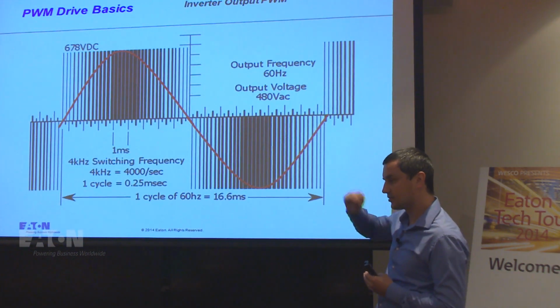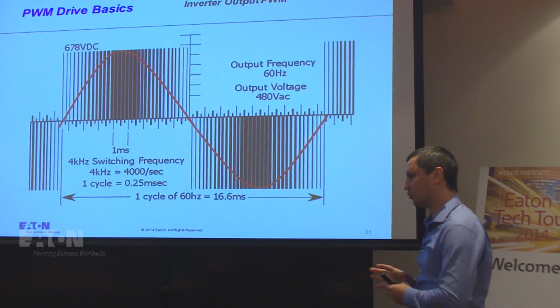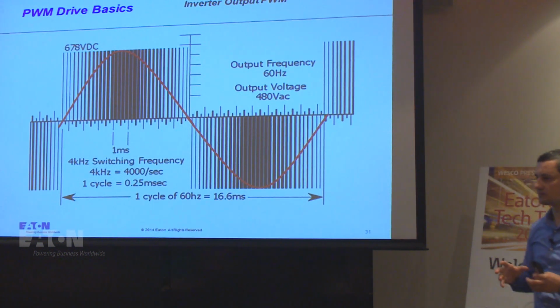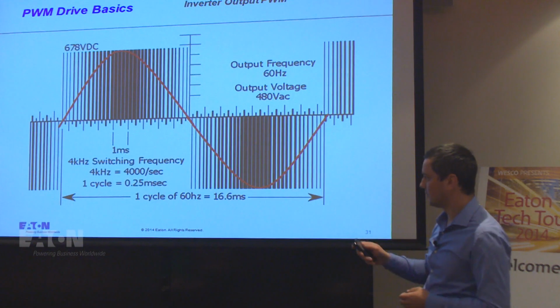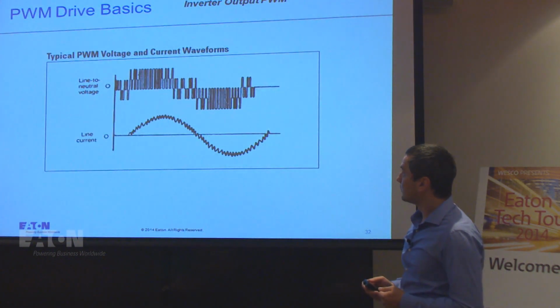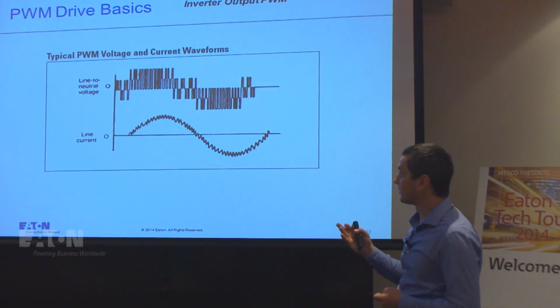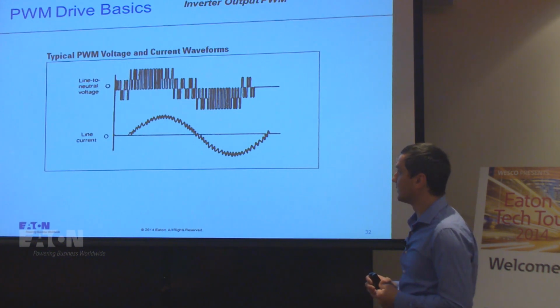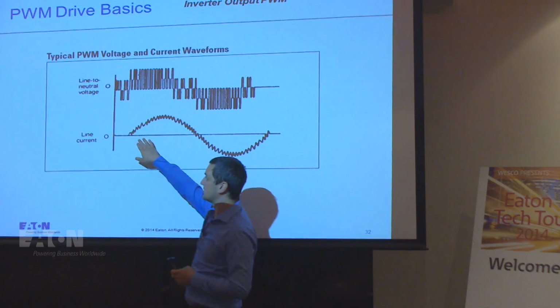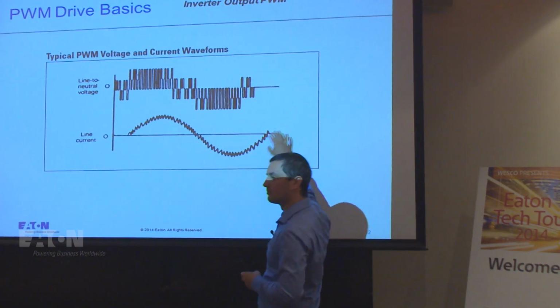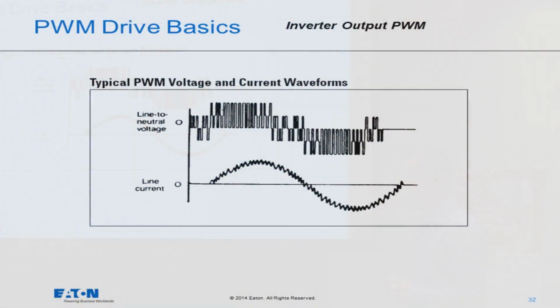So the faster you're doing that, the worse it is for the motor, and it's going to start to heat up, okay? And this is how your typical PWM voltage and current waveforms look. So you see it's not a very nice sine wave, but it's working, okay?